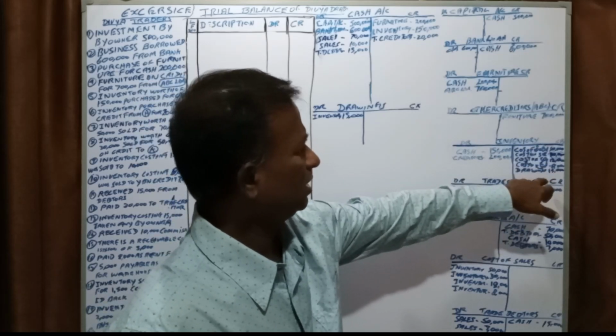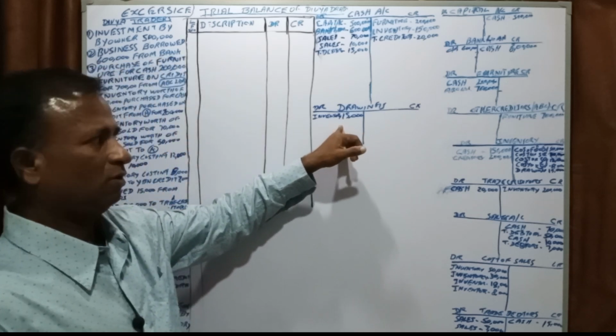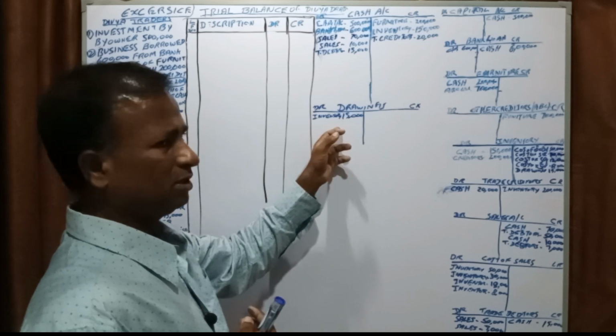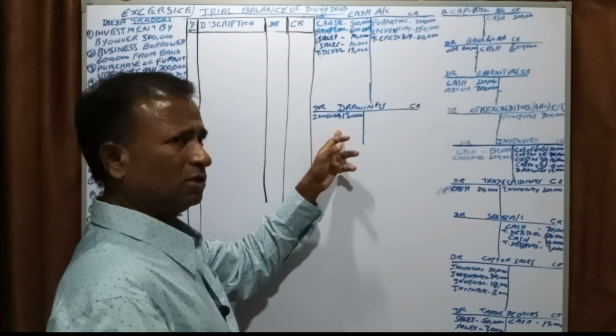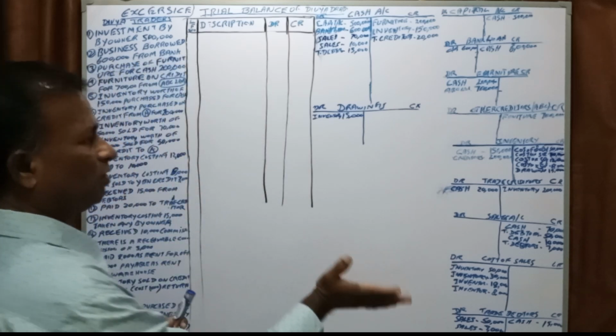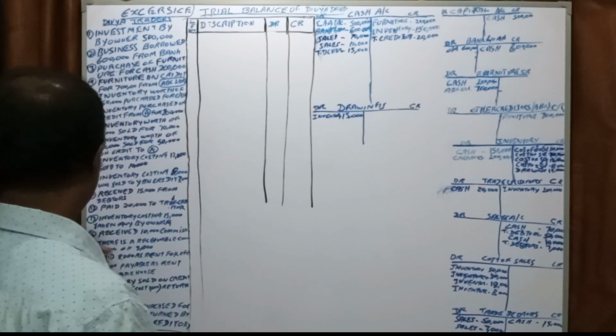So inventory is an asset, it has to be credited. We have credited. Here drawings account debited because it is receivable for us. Receivable in the sense assets. Assets has to be increased. So here receivables 15,000. The drawings is increasing.